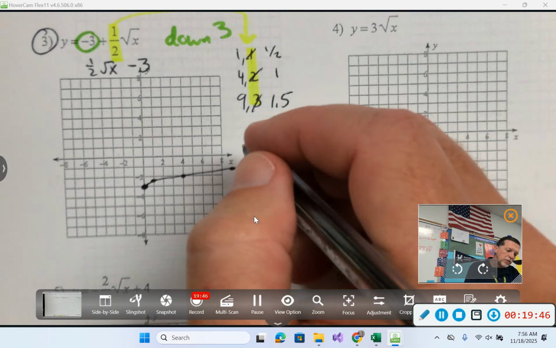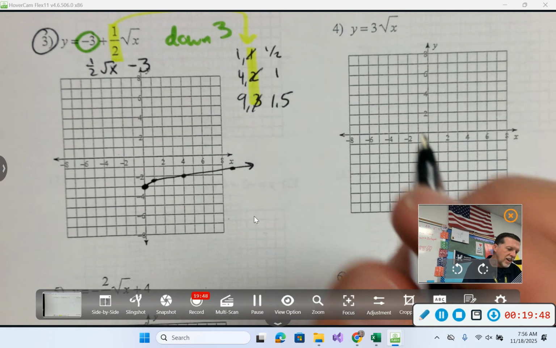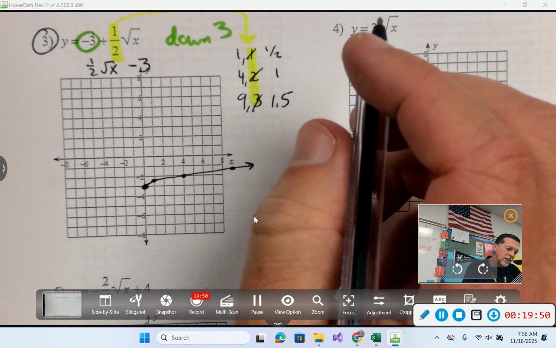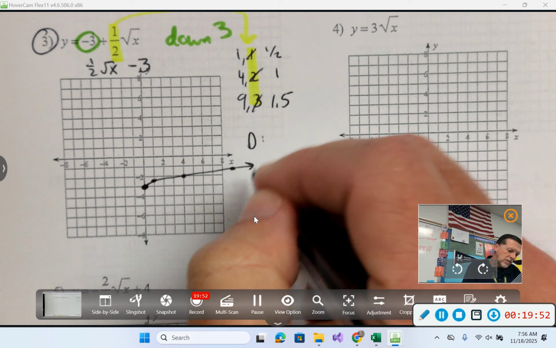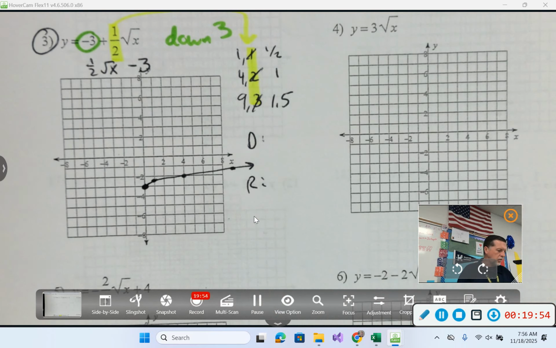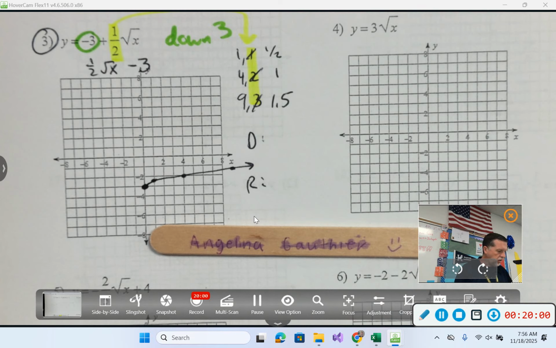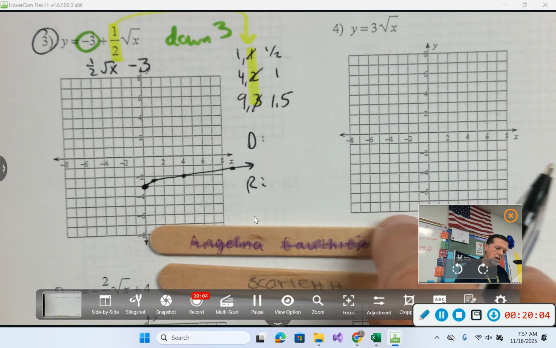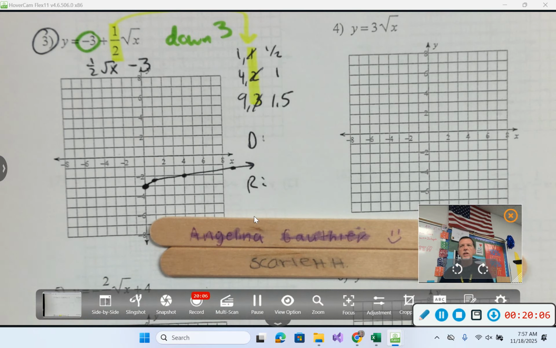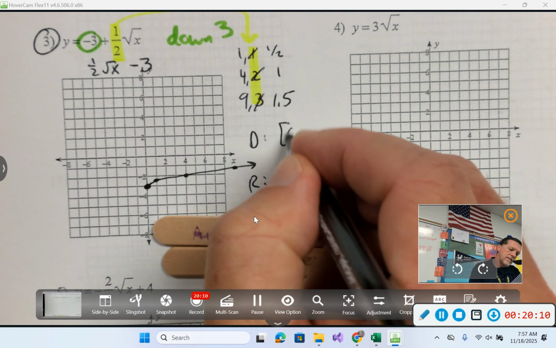I never remember to do this first, but read the directions. Graph each equation. State the domain and range. So we get to remind ourselves about domain and range. Angelina, how about domain? Good.